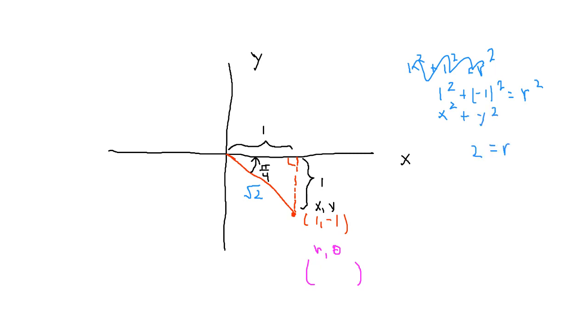So 2 equals r squared, root 2 equals r. So the radius is root 2. And well, theta, you could use this as theta. That's 7 pi over 4.